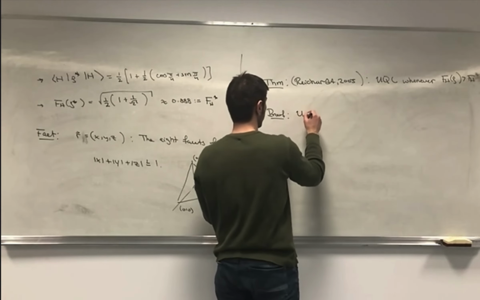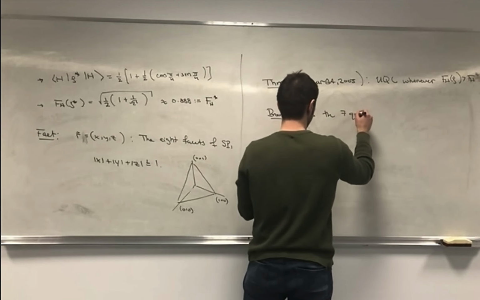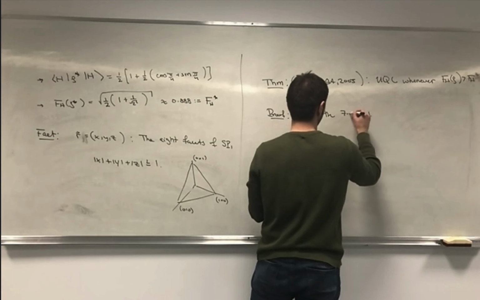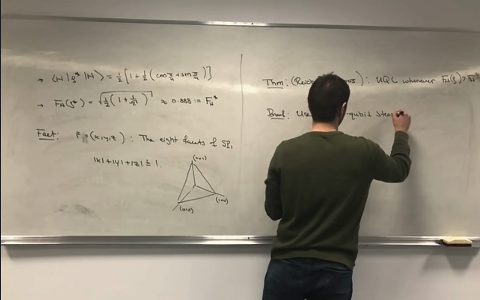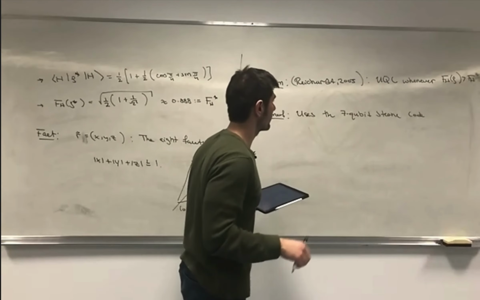What does the proof use? The 7-qubit Steane code. We won't need a background on quantum error correction.